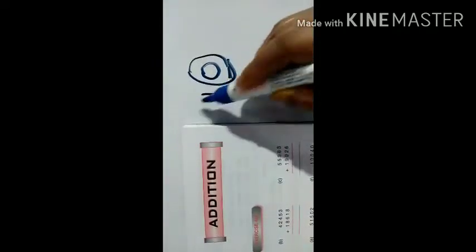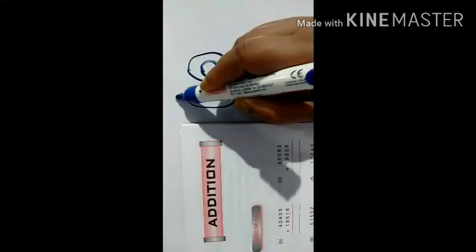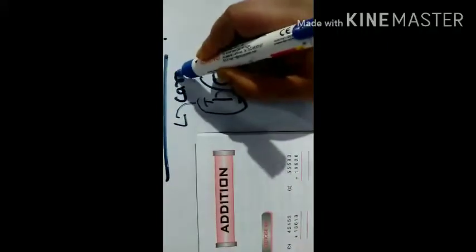Whenever we are doing addition, we should start from the ones place. So 8 plus 2 is how much? 10. So write 0 here and 1. Whenever we write 10, the ones place is written down, and the digit in the tens place goes to carry forward.